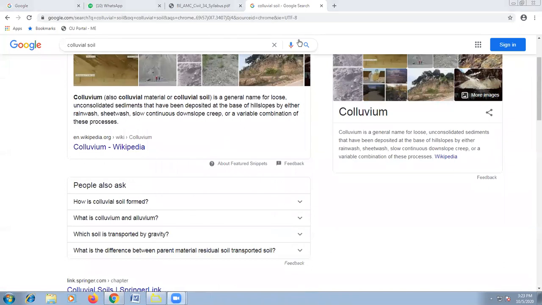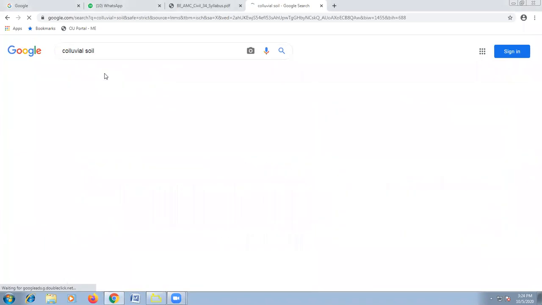It is a general name for loose unconsolidated sediments that have been deposited at the base of hill slopes by rain wash, sheet wash, slow continuous downslope creep, etc. Due to the influence of gravity, they move for a short distance. They are not well stratified. Let us see how they look.